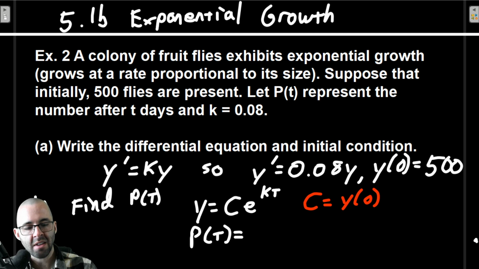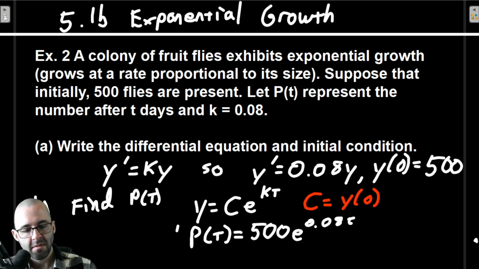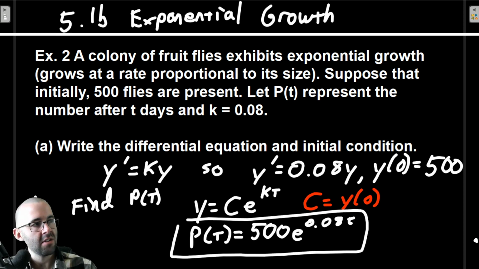Every time we plug 0 in, the exponential will become 1, and then we'll just have c. So c is going to be y of 0 for these problems. We can take a little shortcut, and it'll be 500 times e to the k, which is 0.08, times t. Part B, done, just like that.